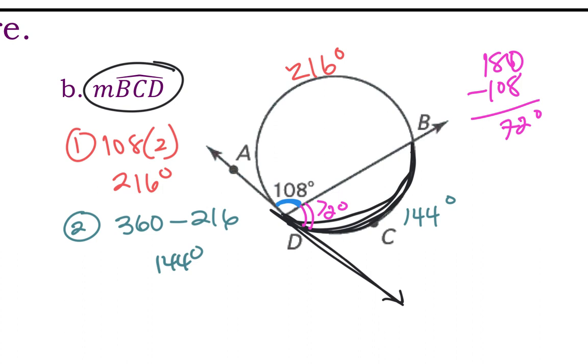Multiply that by 2. So if you did it this way, you would just use different numbers, but it's still the same process of multiplying and then subtracting from another number, right? In one case, it was 360. In the other case, it was 180. I don't know why I put 144 in there. That should have been 72. So 72, and then that would have given us 144. So another way you can do it, just in case y'all come across a problem like that, that way you know what the additional steps would be, okay?